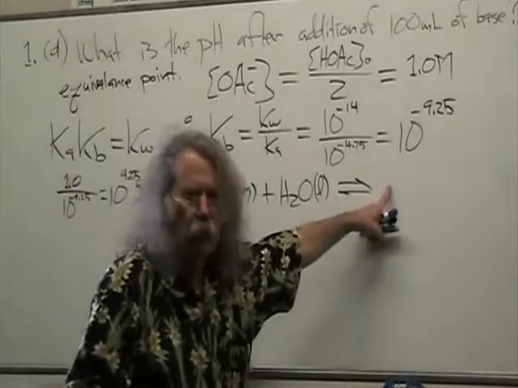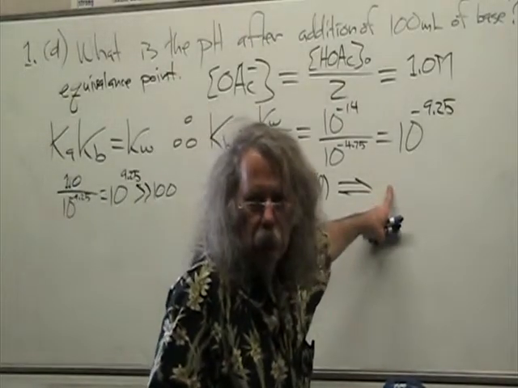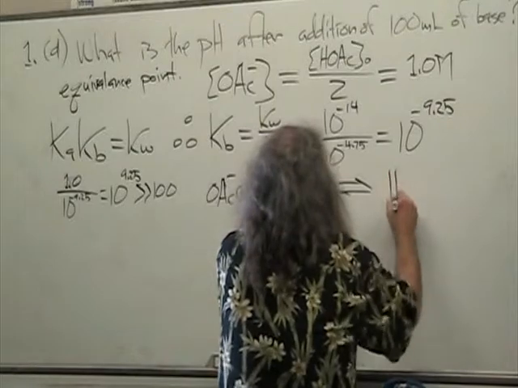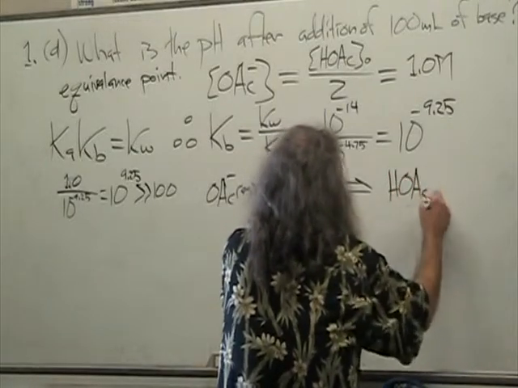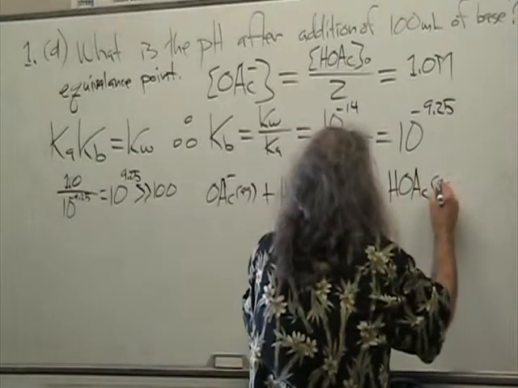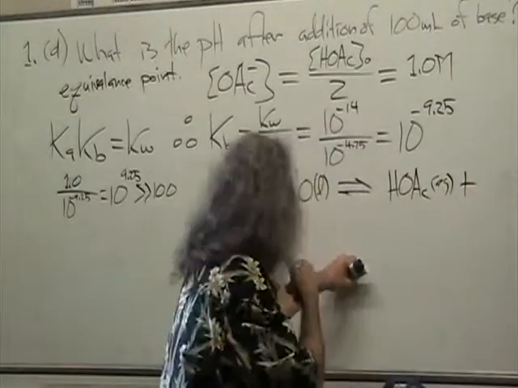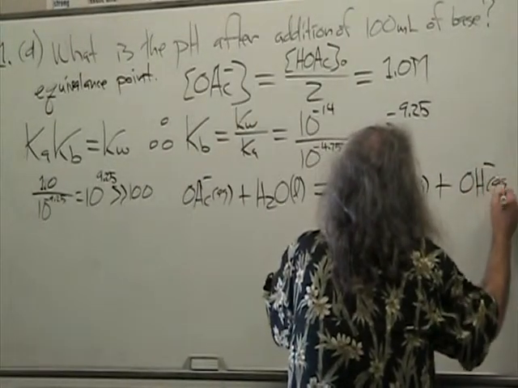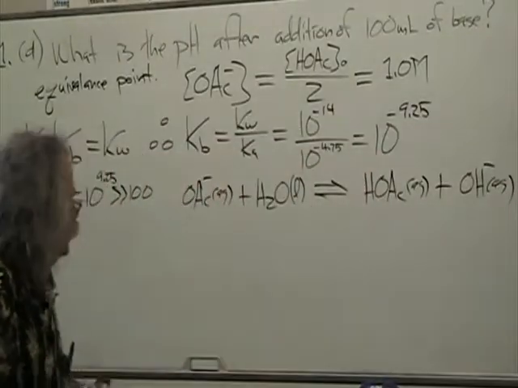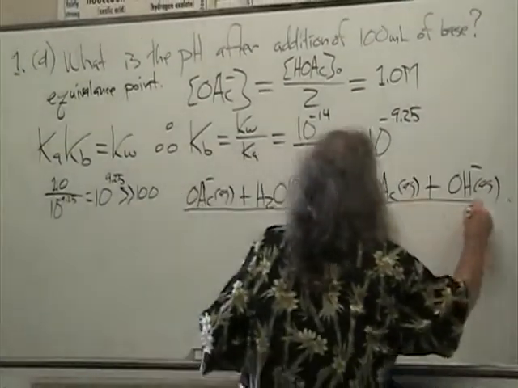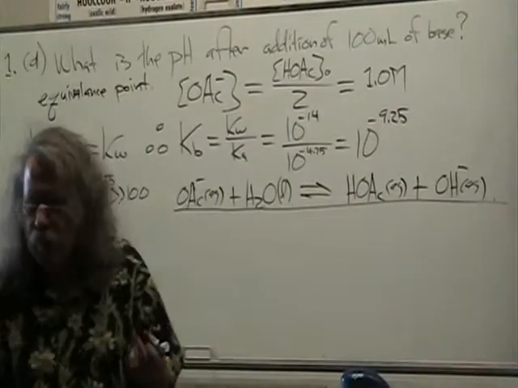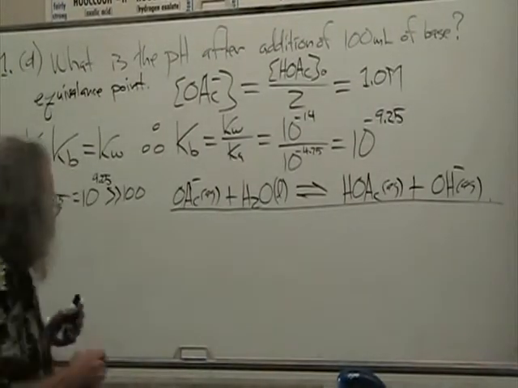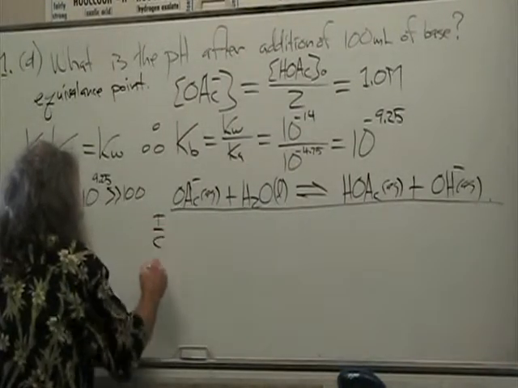What's on this side? HOAc, it's acetic acid, aqueous, plus OH, hydroxide, thank you. Okay, so we've got now a weak base equilibrium, and we're going to hit it with an ICE table.